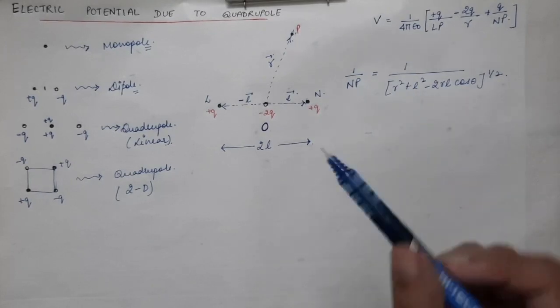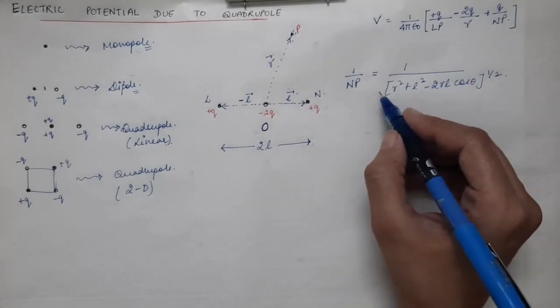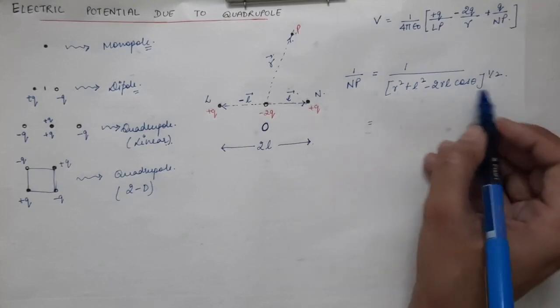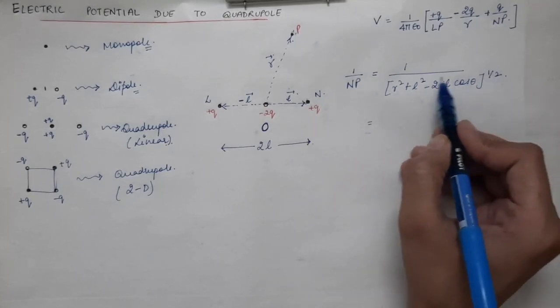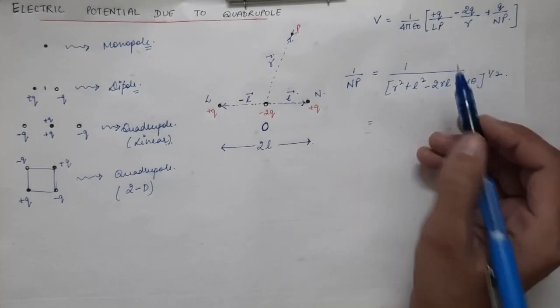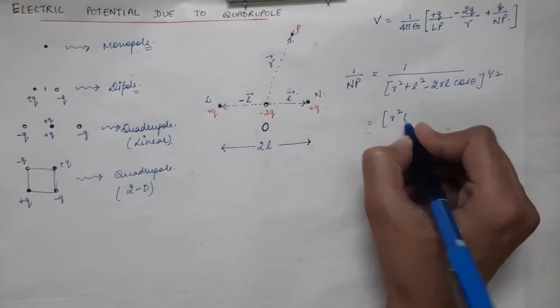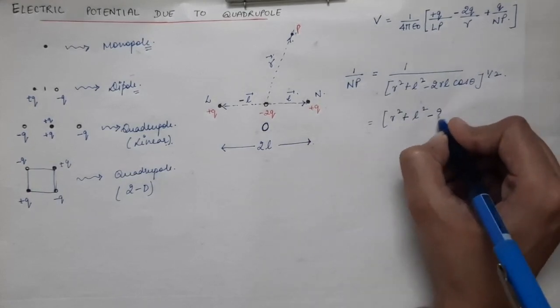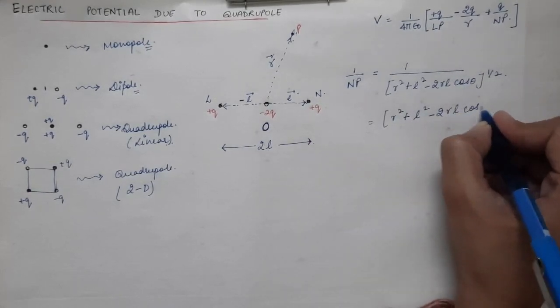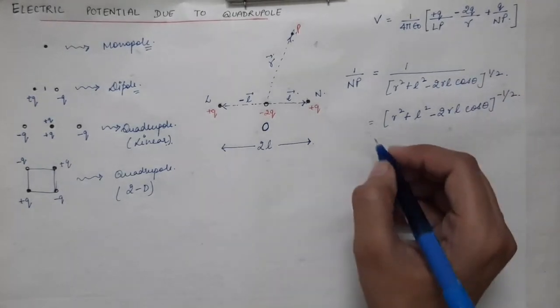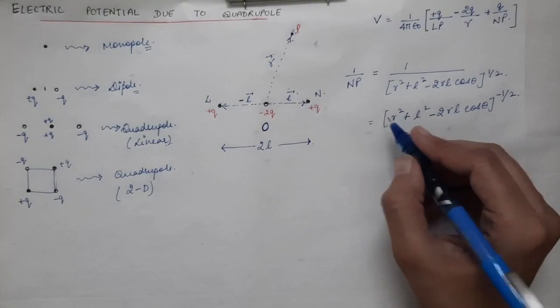So now we are going to take R square common from the denominator. Let's say first of all we take this whole thing in the numerator. When you take this whole thing in the numerator, you will get (R square plus L square minus 2RL cos theta) power minus 1 by 2. And you will take this R square common.